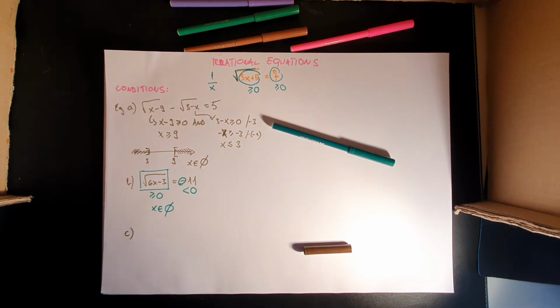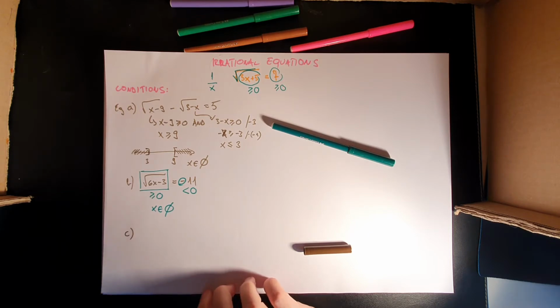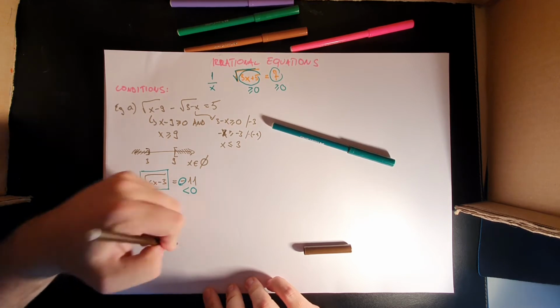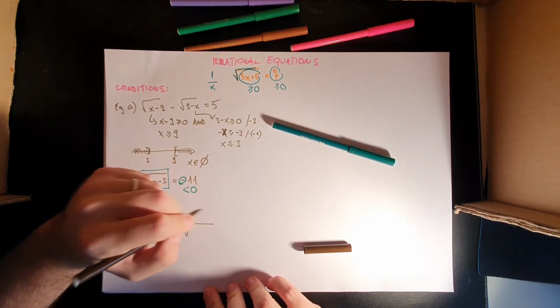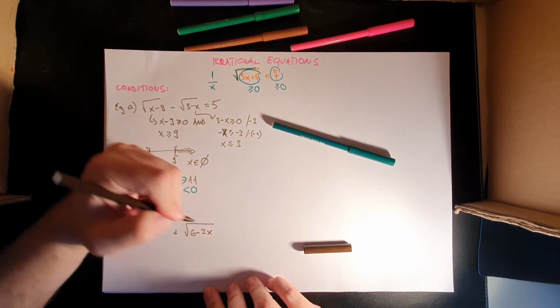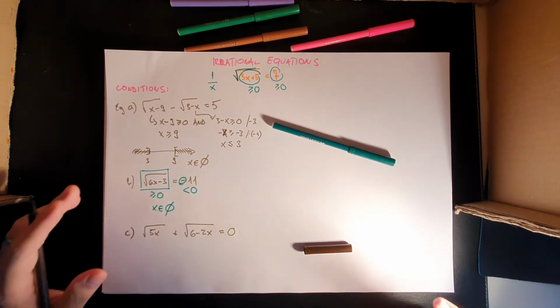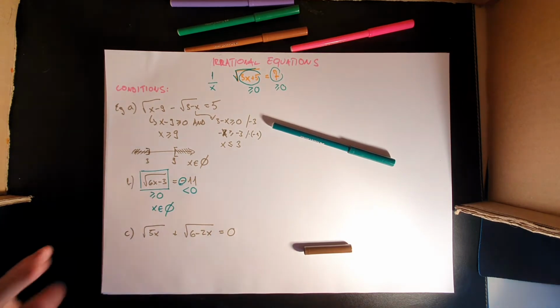Now, let's look at this. Let's look at the square root of 5x plus the square root of 6 minus 2x is equal to 0. Now, okay, let's look at the conditions, the basic conditions.